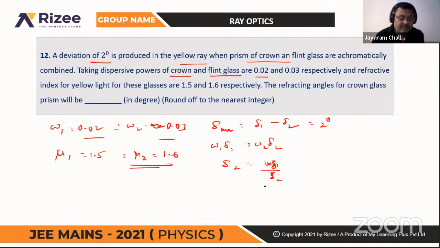So we have got the refractive indices, we have got everything. We need to find out how much the angle of the prism is going to be. So how do you get the angle of the prism? That is delta 1 into 1 minus 2 by 3 is equal to 2 degrees.